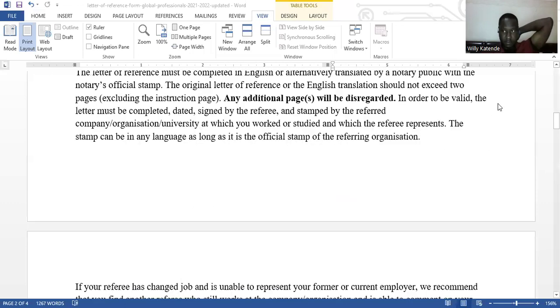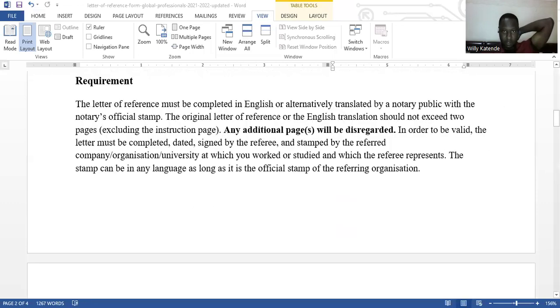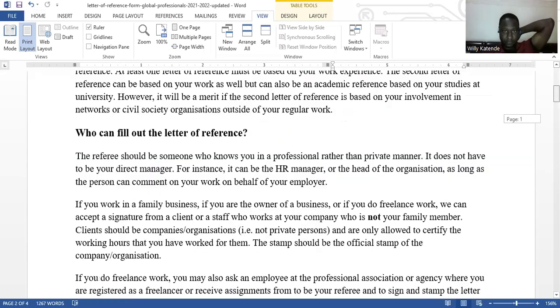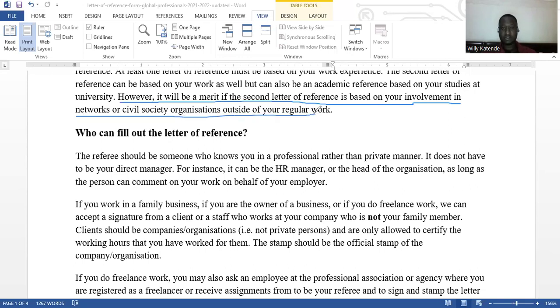It's not the statement that I'm talking about. This is the statement that I'm talking about, this one that gives you a merit. This statement here is very crucial as far as success of your application is concerned.